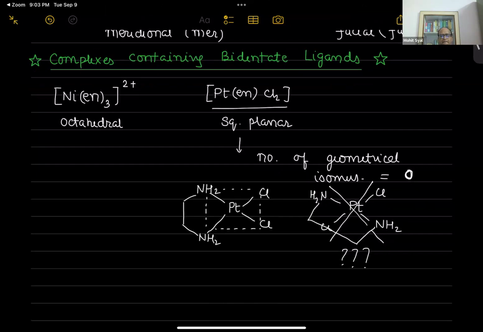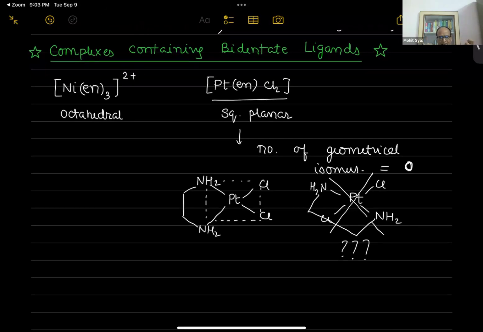So the bidentate ligands occupy both the adjacent sides. Yes, cis positions, exactly. Because if you connect it in a trans manner, the bidentate ligand will form a cyclic ring, and its ring is going to be too large to connect in a trans manner. Is it clear?